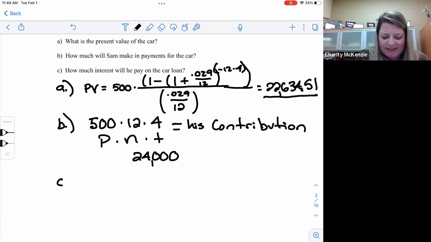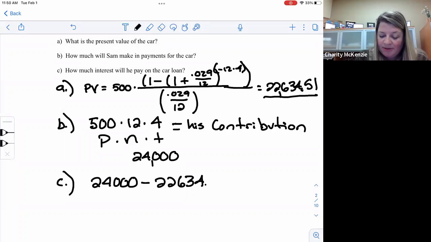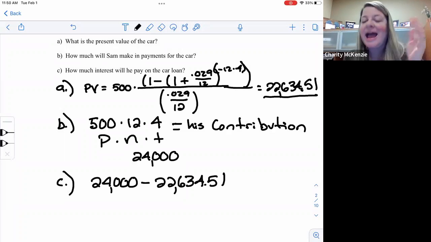How much interest is he going to pay on this loan? So then I would take my 24,000, and I would then subtract off the $22,634.51. Because the 22,000 doesn't include the interest. It's just how much this car's worth.